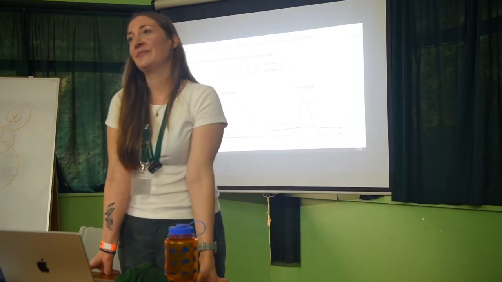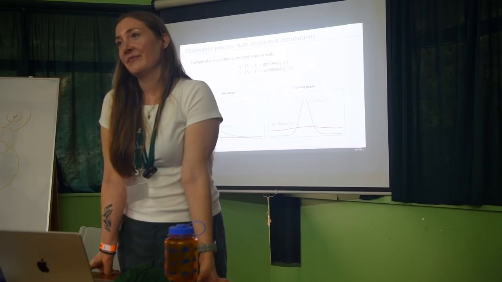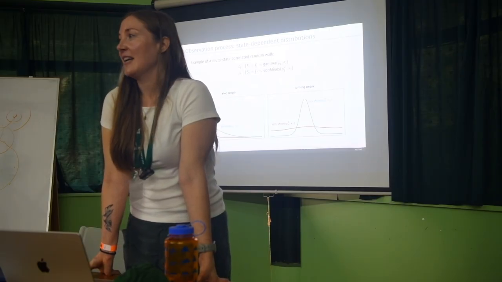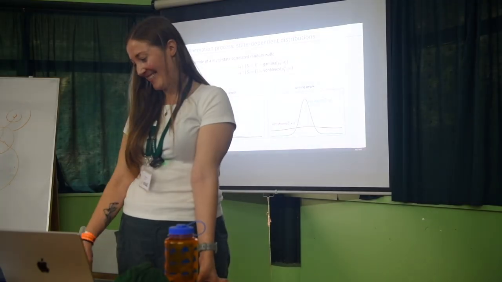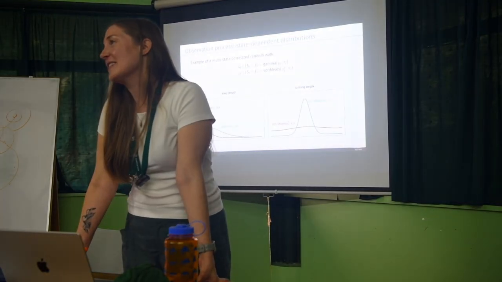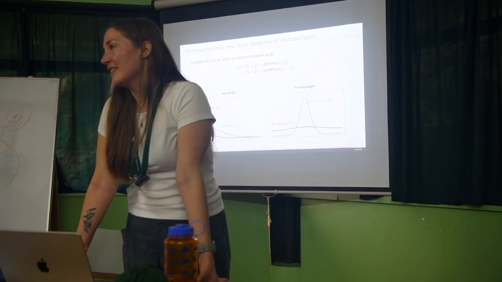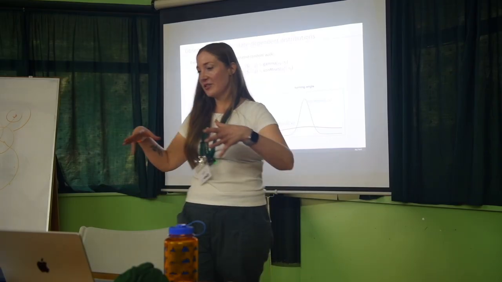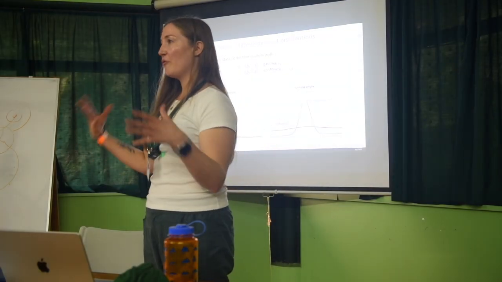I think people are used to fitting distributions and doing model selection before, and I think that's why people are thinking this is something that we have to do. No, I would say no. You can do that. I don't think you need to though, because your HMM is fitting the state-dependent distributions, and you can do model selection between HMMs. I think people are often used to fitting distributions before fitting their model.